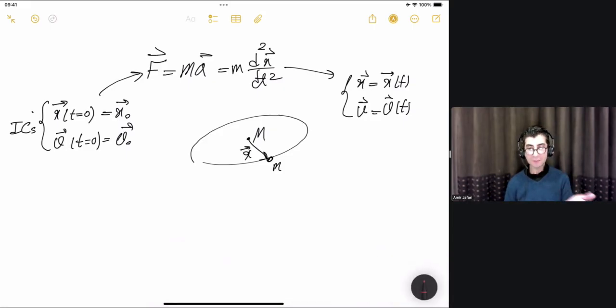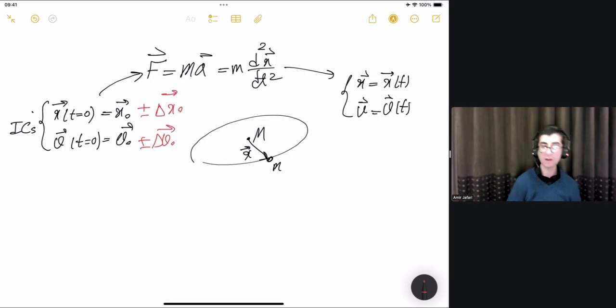What chaos means is that as a physicist, when you say that you know the position and velocity of the particle at an initial time, you know that any measurement would come with some errors. So when you measure the position of the particle, you're making some errors. Let's call it delta x 0 for the position and delta v 0 for the velocity. You have some errors. You cannot eliminate them.